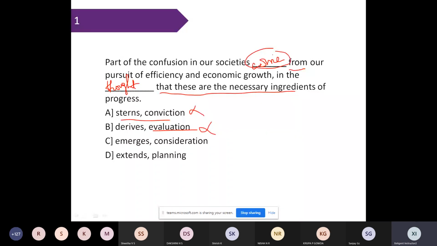Emerges will match up with my guess word come, and followed by that, consideration is thinking, to accept or just a thought. So the correct answer is option C. Extents and planning will not come again. So the correct answer is option C.